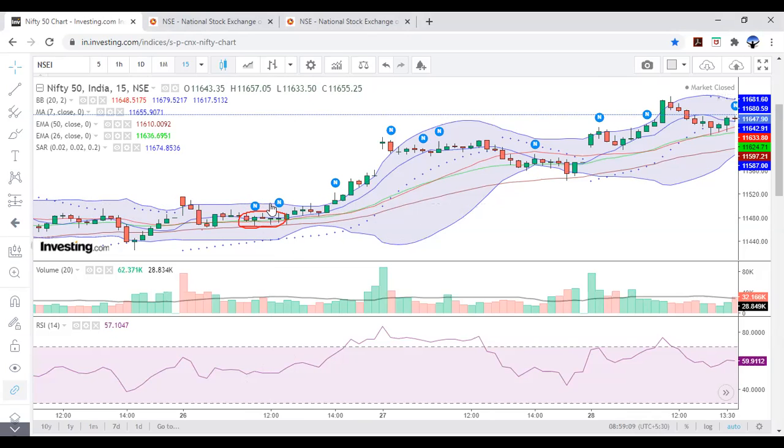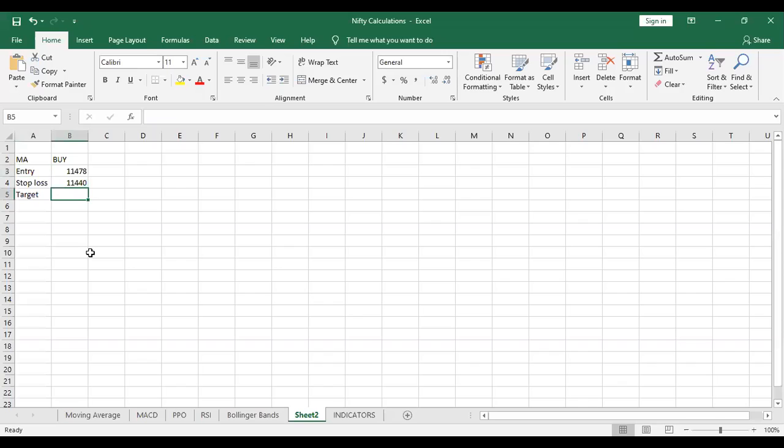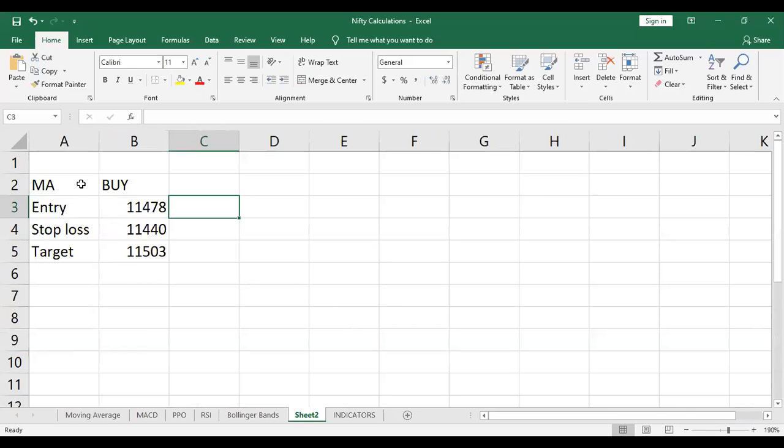Now we are calculating here. I will show you in Excel. Now check the difference as per the moving average signal. You should take a buy position. Entry point 11,478, and stop loss as per the parabolic SAR and Bollinger Band 11,440, and the target will be 11,503.